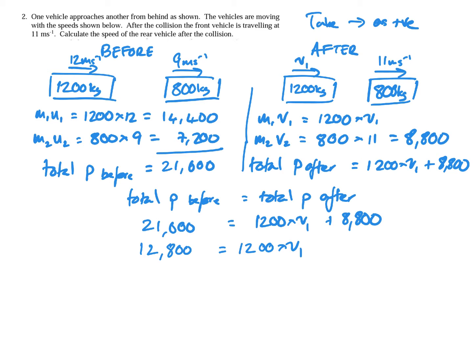And then divide both sides by 1200. I'll put that on another line actually. And I'll also give it to 3 significant figures.